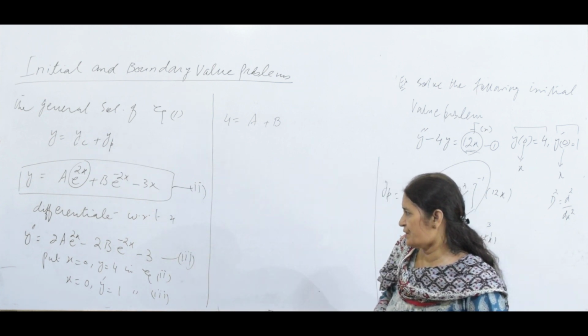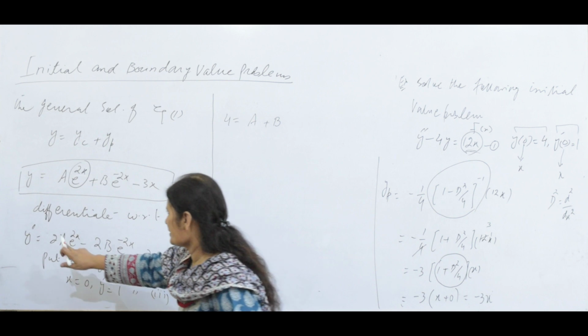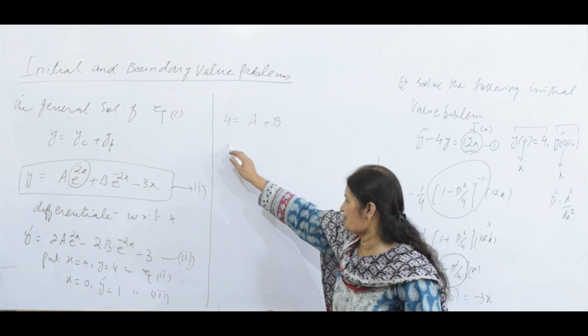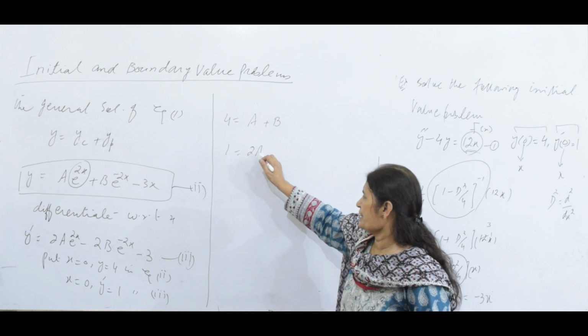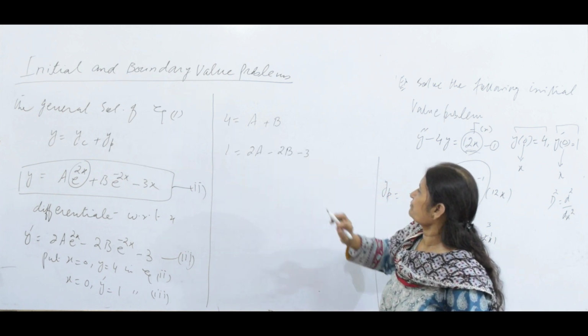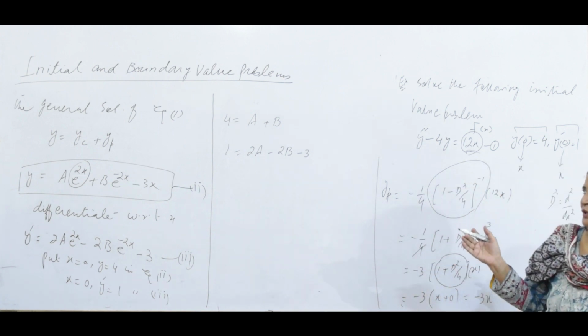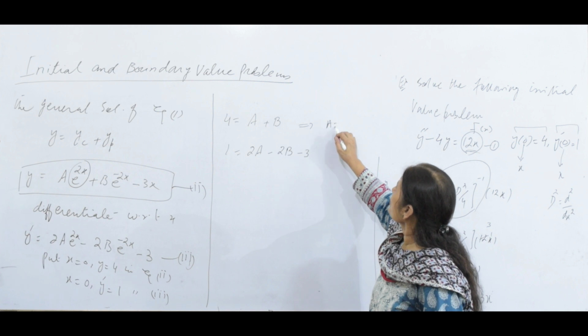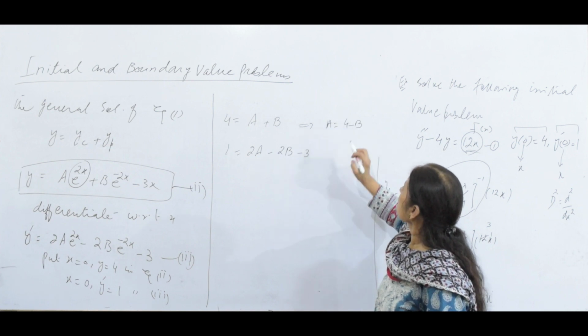Again, y prime is, this is single derivative. y prime is 1. 1 is equal to 2a minus 2b minus 3. So these are two equations, two unknowns. From this equation, I'll have a is equal to 4 minus b.